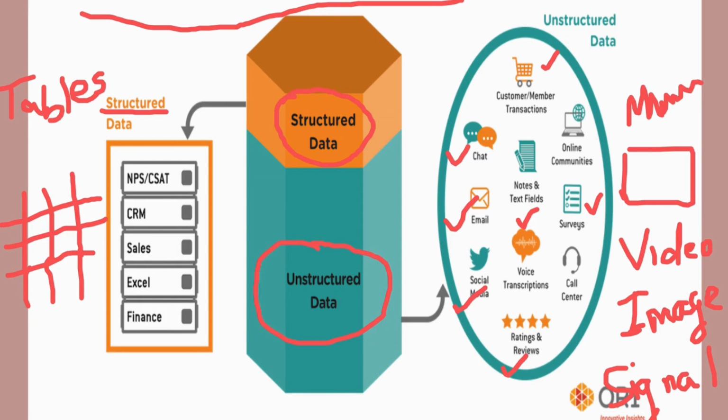That is why in this figure you will see that unstructured data has a larger proportion than structured data, because the occurrence of unstructured data is also large compared to structured data.